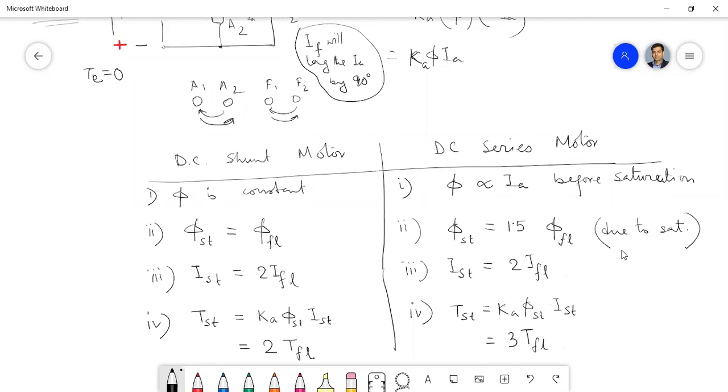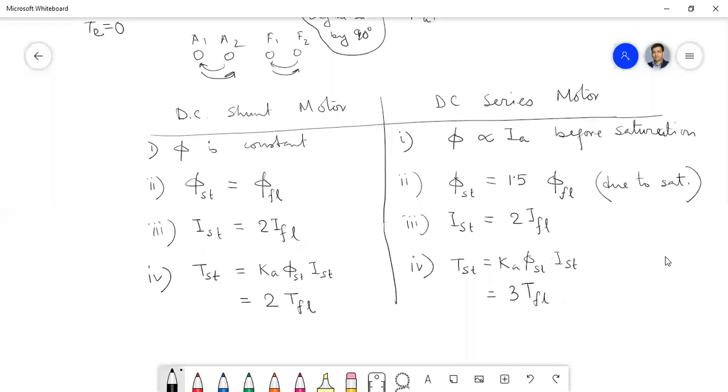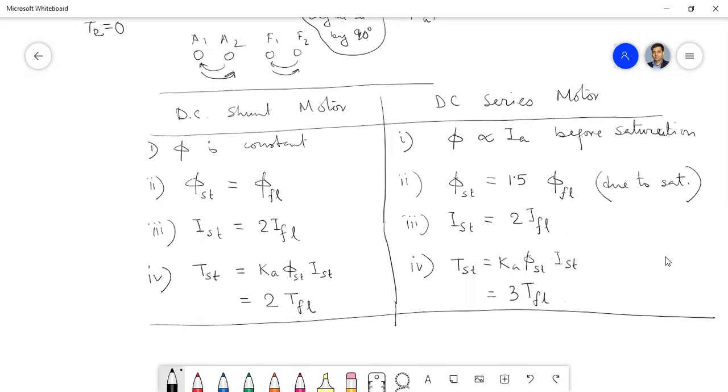So that means in the series motor, Sir? Yes, tell me. Sir, a question: why is the starting flux of the series motor 1.5? We know that at full load condition, generally the full load point is selected near or beyond the knee point of the VH curve, that means well into the saturation.